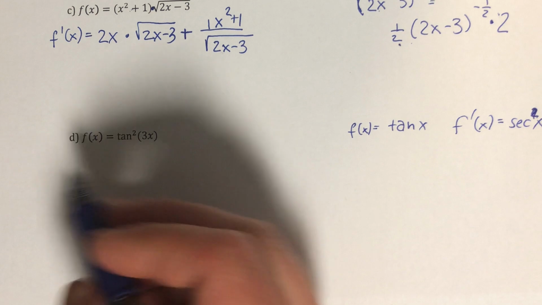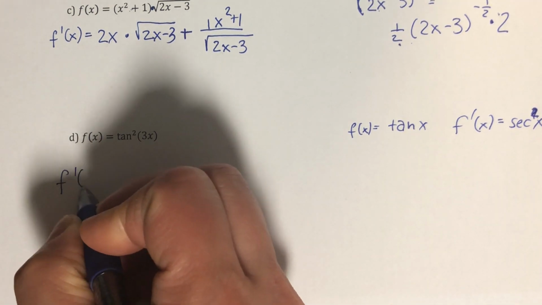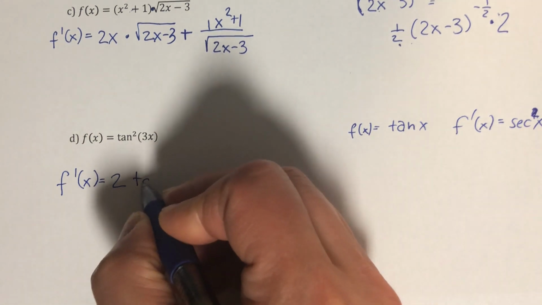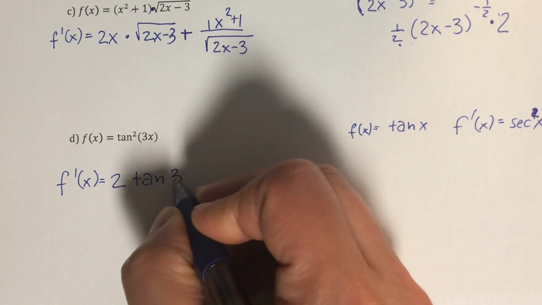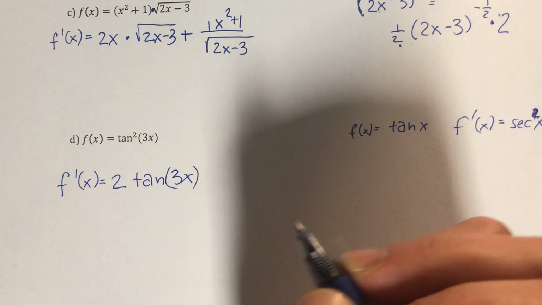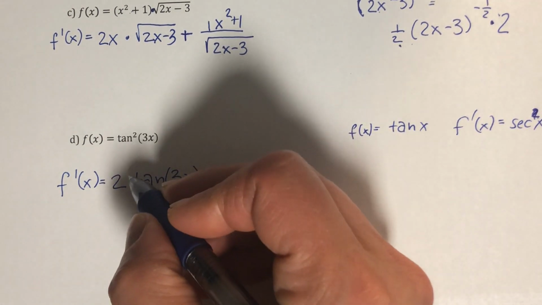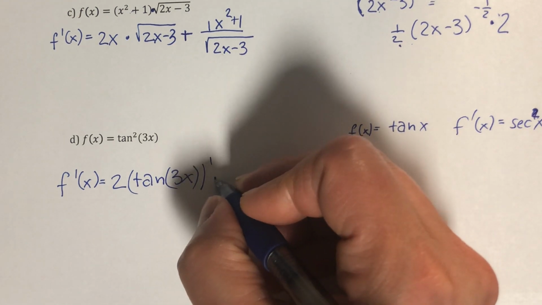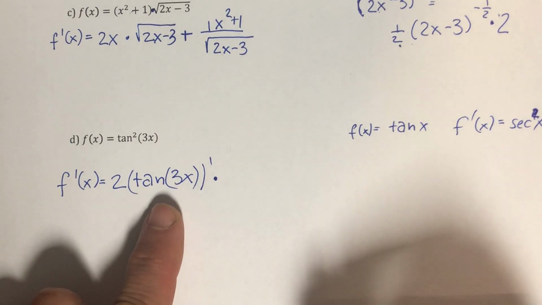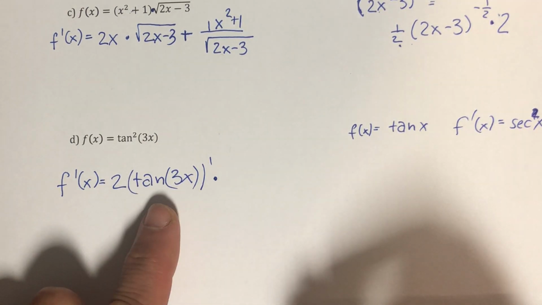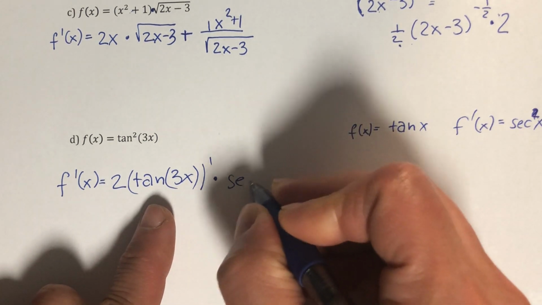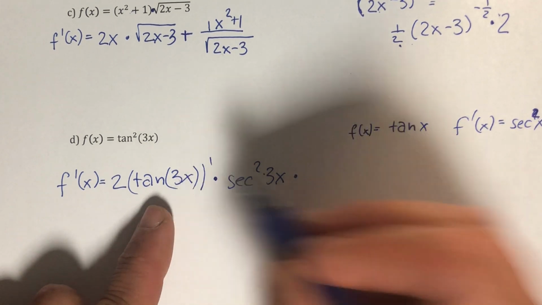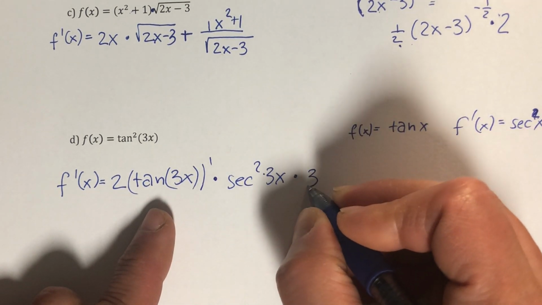We have a square, so I'm going to bring the 2 in front. I'm going to have tangent of 3x to the first power. And then I still have to multiply it by the derivative of this. And the derivative of this is secant squared of 3x times the derivative of the inside, which is 3.